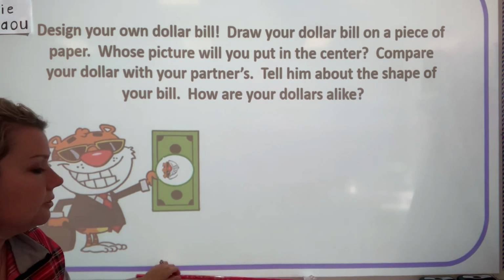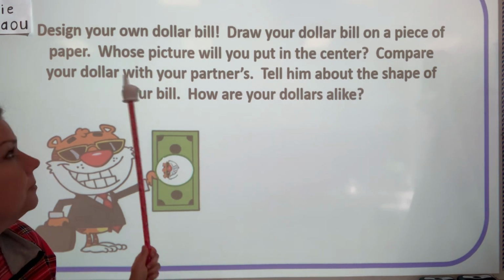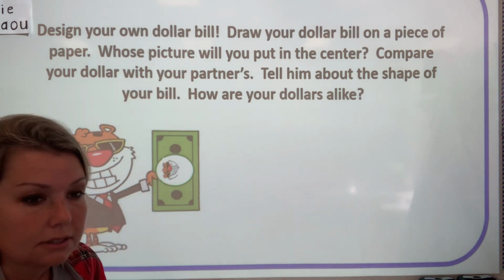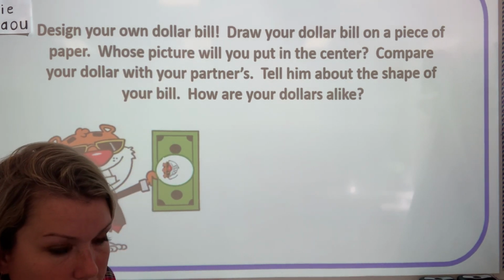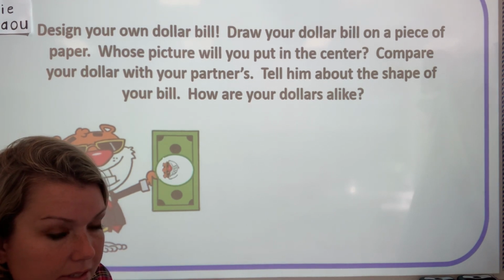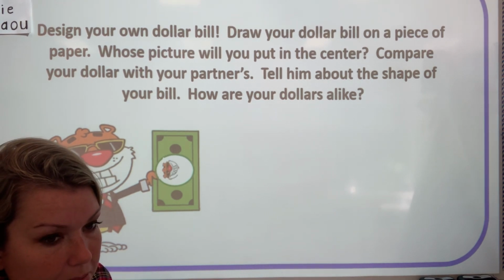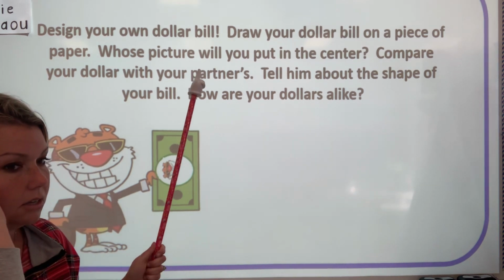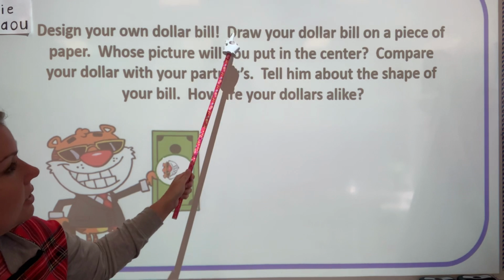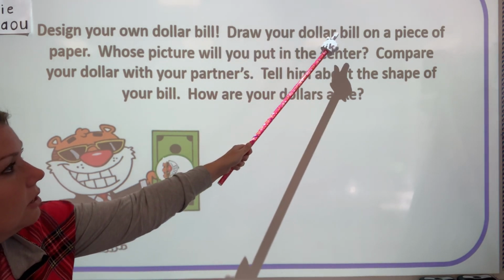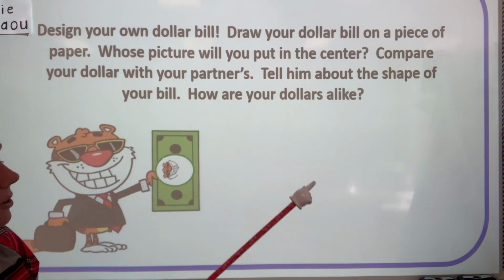Okay, so the first sentence tells me, design your own dollar bill. Is that telling me to do anything? It's telling me to design a dollar bill, but that's about it. Okay. Then our second sentence says, draw your dollar bill on a piece of paper.